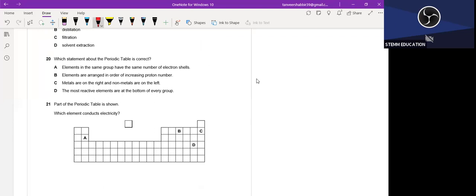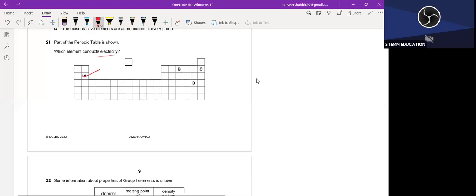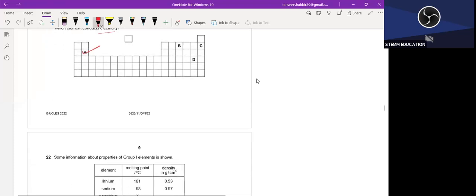Atoms are arranged according to their increasing proton numbers. Now 21. Part of the periodic table is shown; which element conducts electricity? Electricity means the element should be a metal. So only this is a metal. All of B, C, D are non-metals or maybe metalloids.